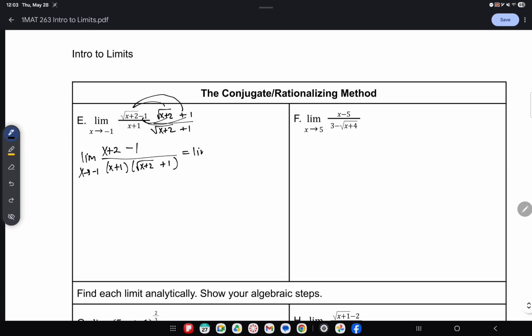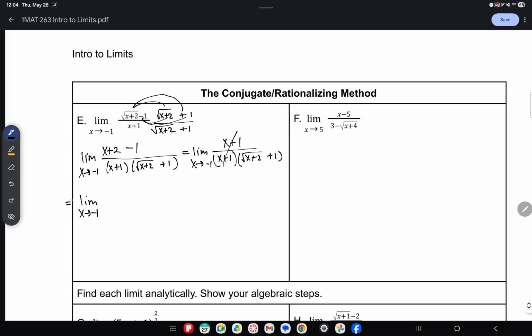So that I get the limit as x goes to negative 1. That numerator will simplify to x plus 1. That's why I didn't bother multiplying out the denominator, because those factors right there are going to cancel out. So I'm left with the limit as x approaches negative 1.